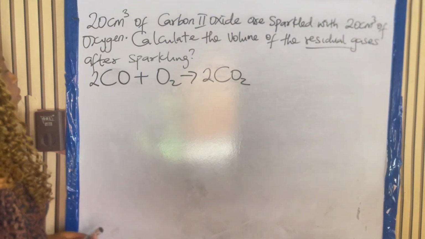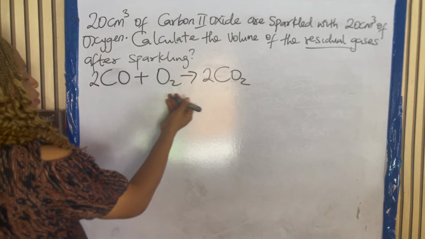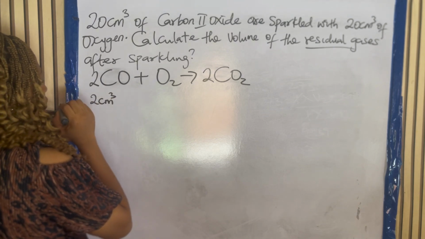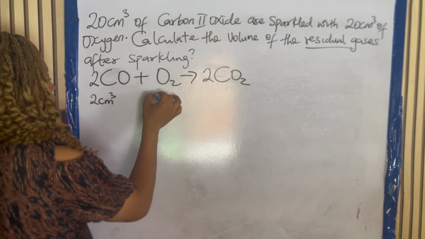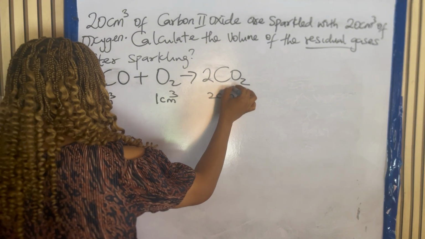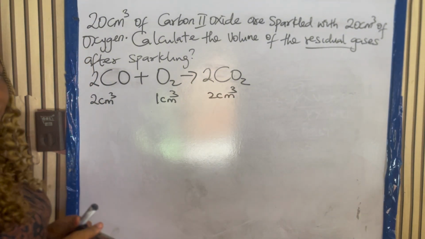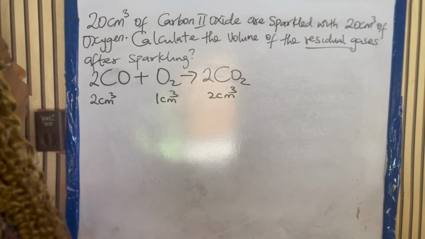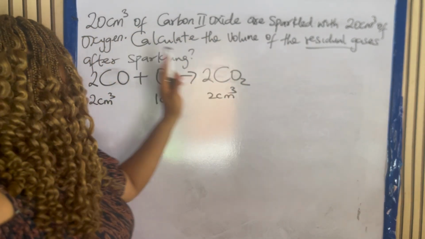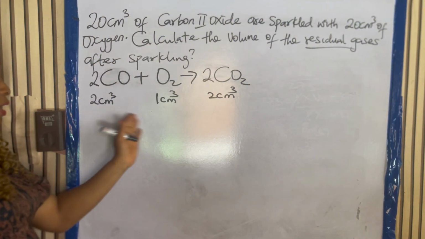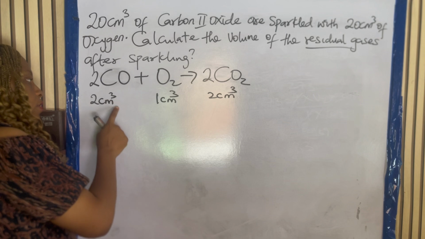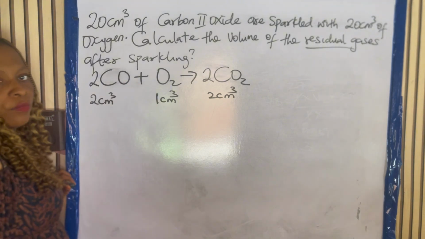So let's go. So what will it be? 2 cm cube of carbon monoxide gave us 1 cm cube of this and 2 cm cube of this. Is that taken? Okay. Now from the question we're told that 20 cm cube of this was sparked with 20 cm cube of oxygen. So from what we have here, you can see that for every 2 volumes of this, you are using just 1 volume.